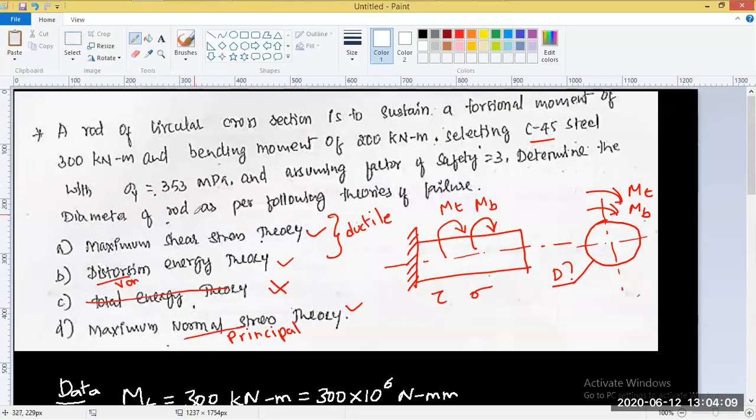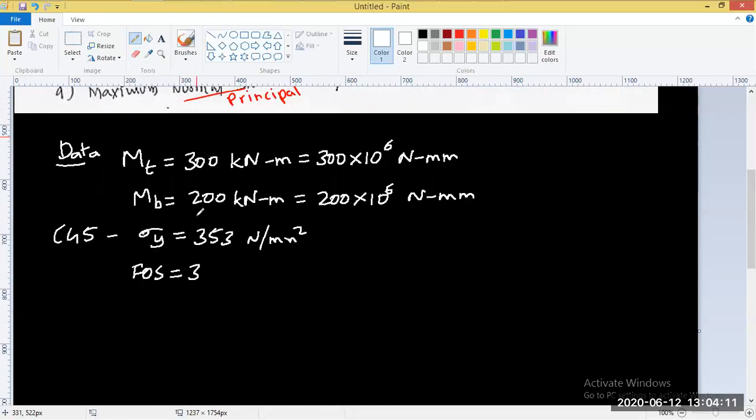Determine the diameter of the rod. So what we need to find is the diameter D as per three theories of failure.